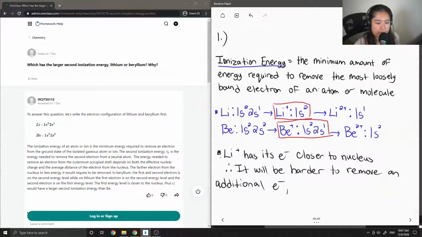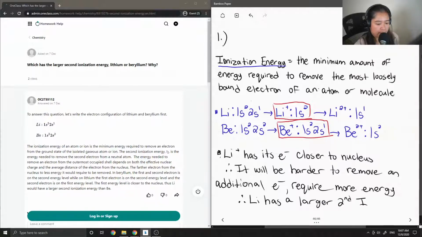Because it's harder to remove an additional electron, that means it will require more energy. So therefore, we can say that lithium has a larger second ionization energy.